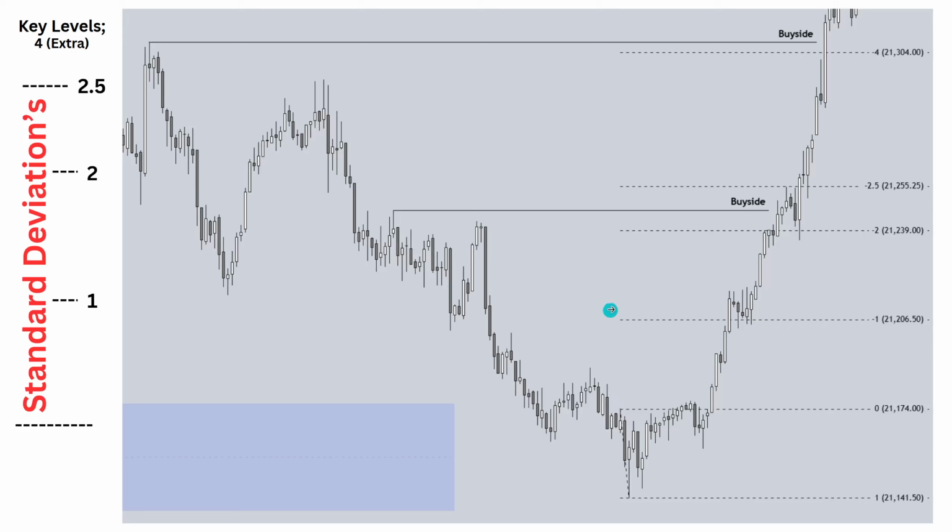We then want to draw out 1, 2, 2.5, and 4. And we want to see areas of liquidity line up with this. So look at how clean this is. We've got our consolidation area inside of here that lines up with 2 and 2.5, and we've got a 4. So more than likely you would take profit here and maybe leave a runner up to 4 where buy side is noted.